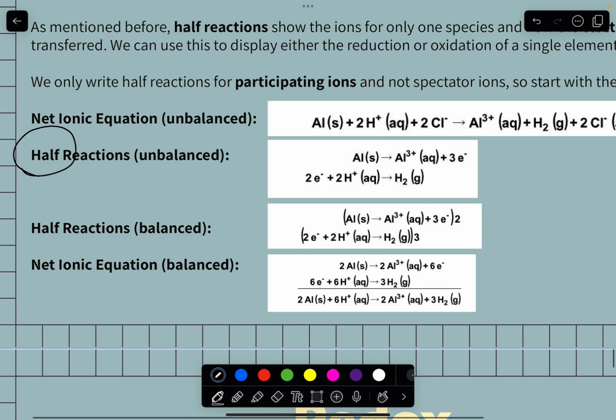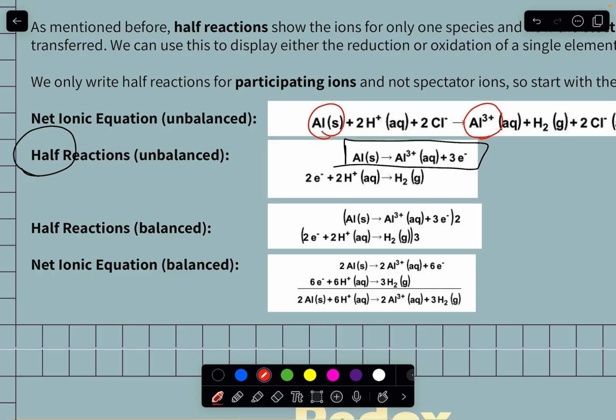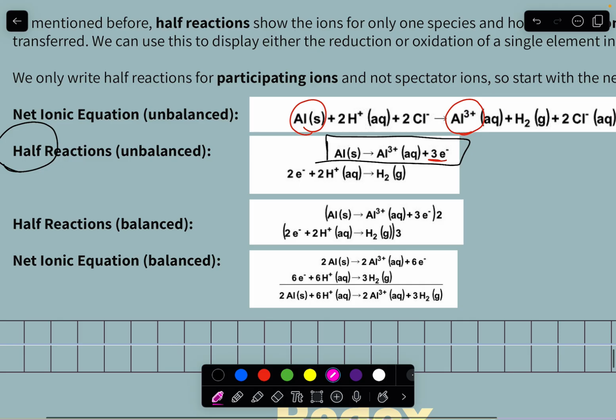Here we're only looking at aluminum, but we're looking at it with the electrons. So aluminum goes from being a solid to a 3+ charge. That means we lost 3 electrons. It gave off 3 electrons. So if it gives off electrons, that makes it a product there. For hydrogen, it went from a +1 charge to a 0 charge. Okay. So if we gained electrons, that goes as a reactant.